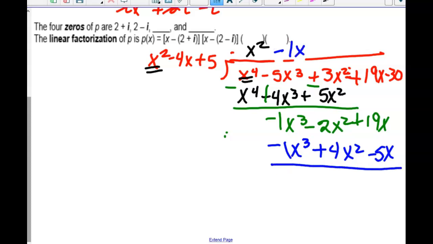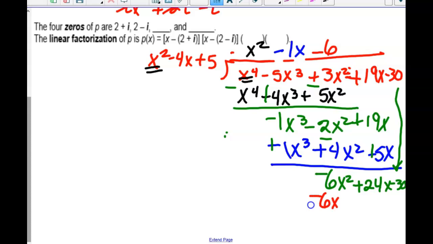Okay, when I go through and change signs and add, this is now a negative 6x squared plus 24x, and there's a minus 30 up top I can bring down there. X squared to become this would need to multiply by exactly what? Negative 6, so that gives me negative 6x squared plus 24x minus 30 when I distribute.